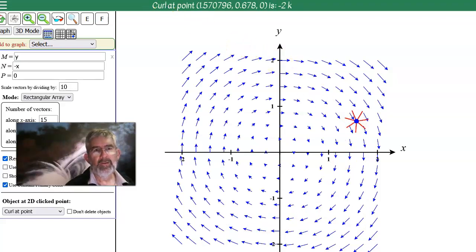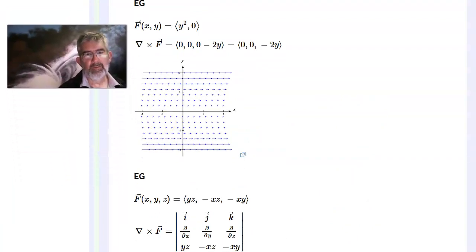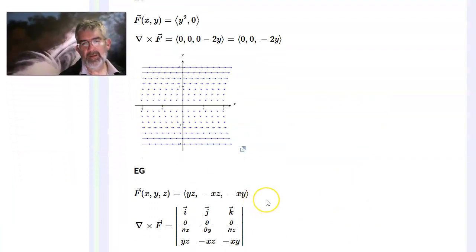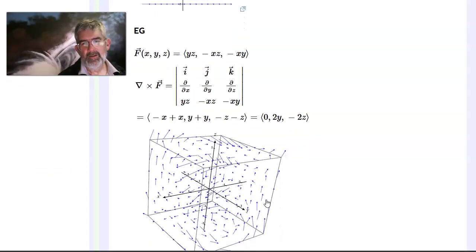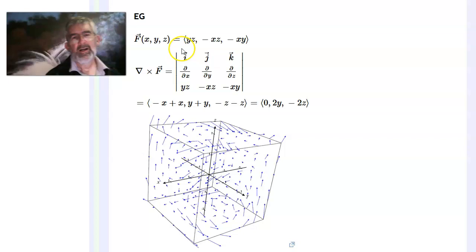Let's look at one example in R3. So this is my one example in R3. I'm doing f of x, y, z equals yz, comma, minus xz, comma, minus xy.